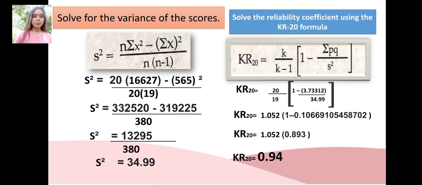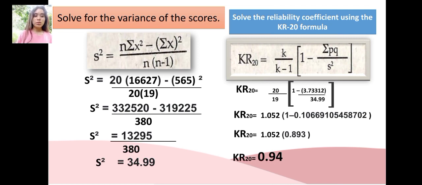Okay, thank you. Now we divide this 20 over 19, so we have 1.052. And then the quantity 1 with the negative sign. Dili lang sana hilabtan si 1 and negative sign.